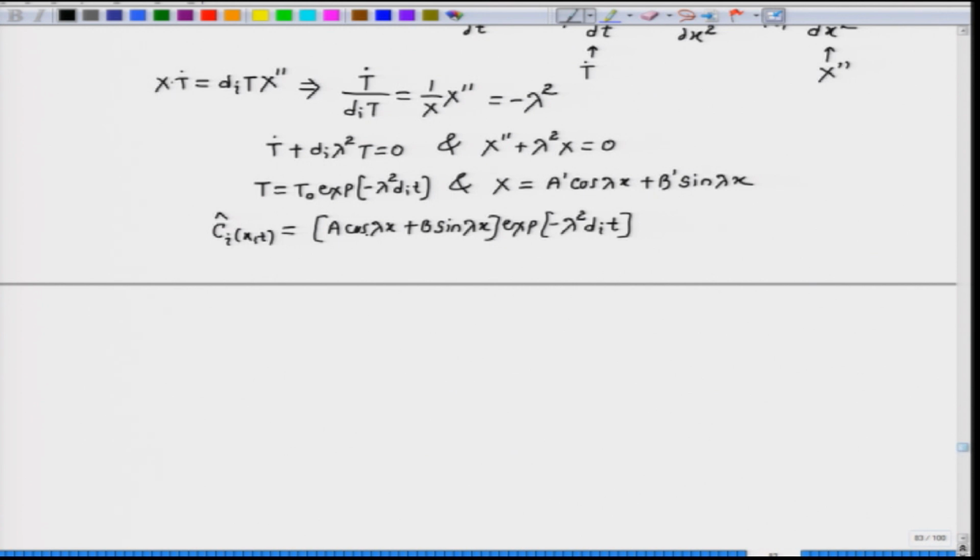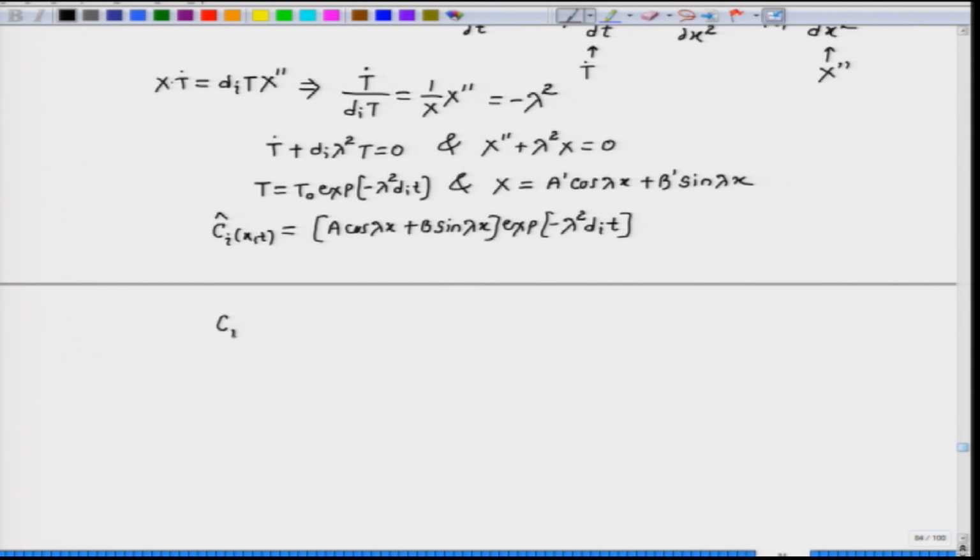Now, we know the linear combination of solutions is also a solution. So, if there are an infinite number of values of λn for which the solution is satisfied, then their summation should also be a solution.